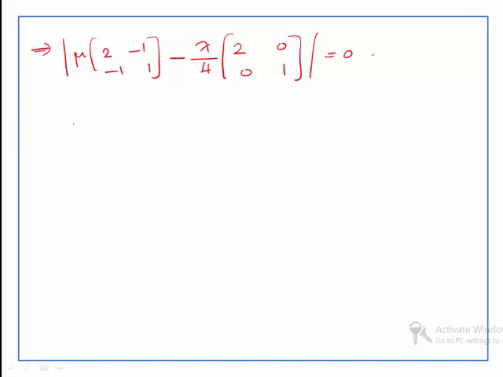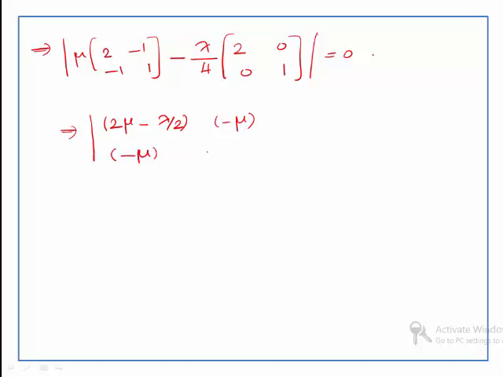So now simplify பண்ணிடலாம். So first term 2 mu minus 2 lambda by 4. So 2 mu minus lambda by 2. Second term minus mu minus 0. So 2 1 element minus mu minus 0.